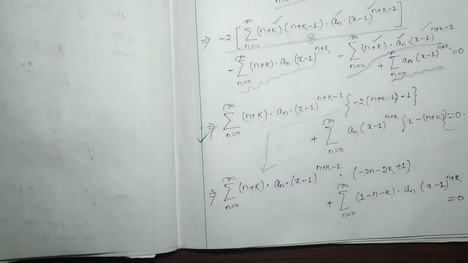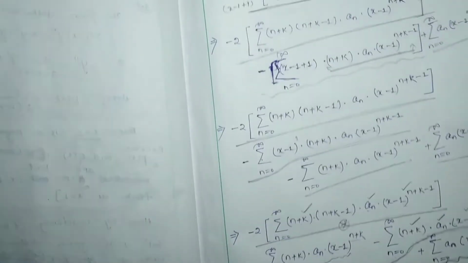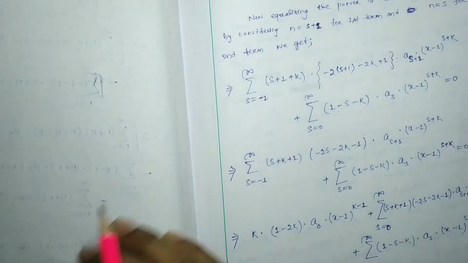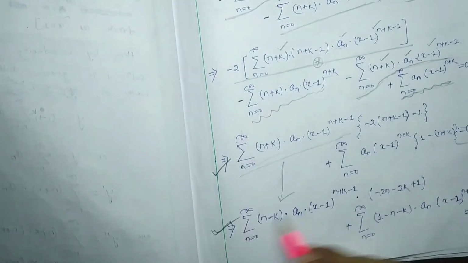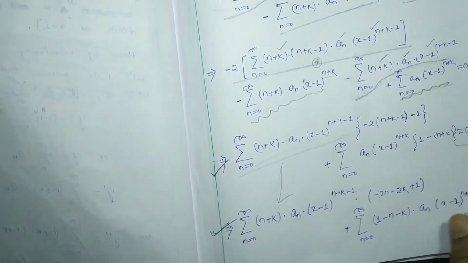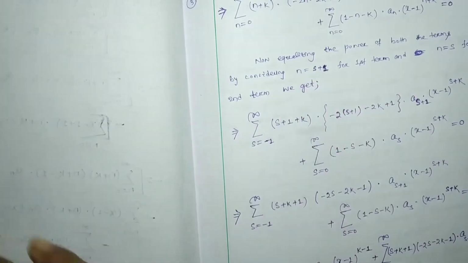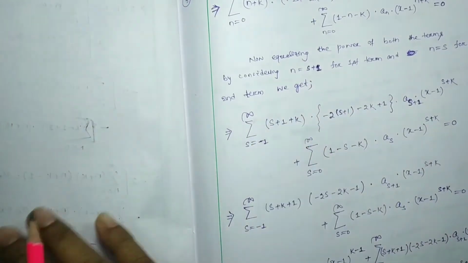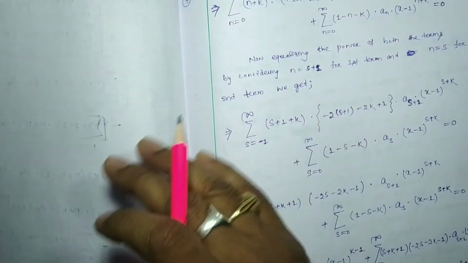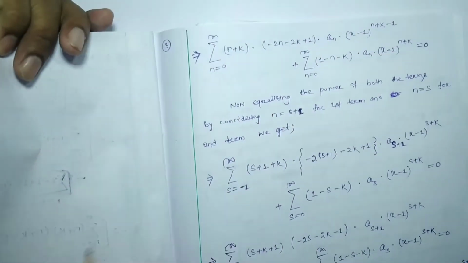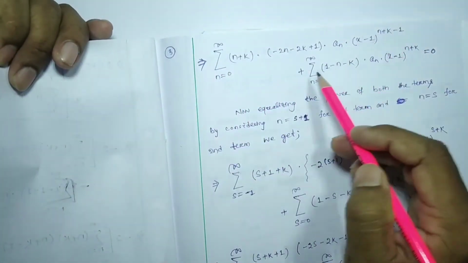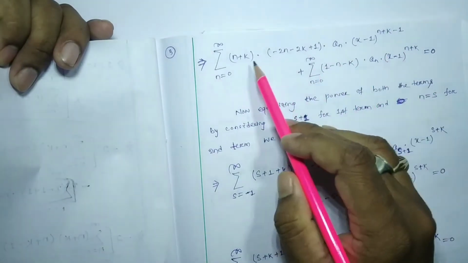Next page. Actually, I have written the same thing once again. This line I have written on the next page because many times I should not have to come to the previous page. Only for that I wrote the last output here.